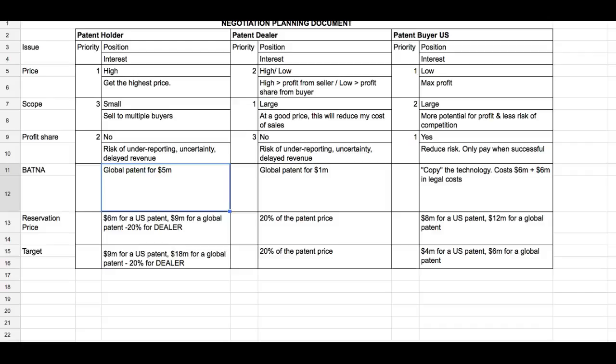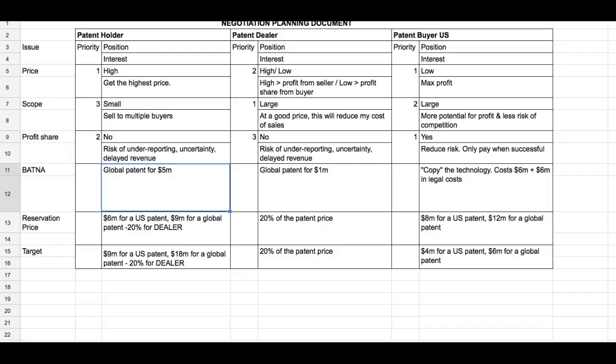Well, basically, this is an estimated benefit. That's basically what the patent holder will estimate: how much money the buyer of a patent can make out of this patent.